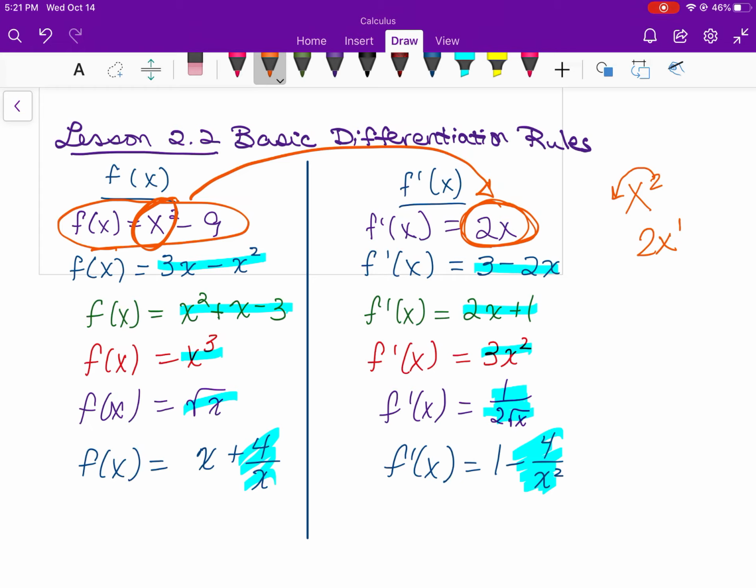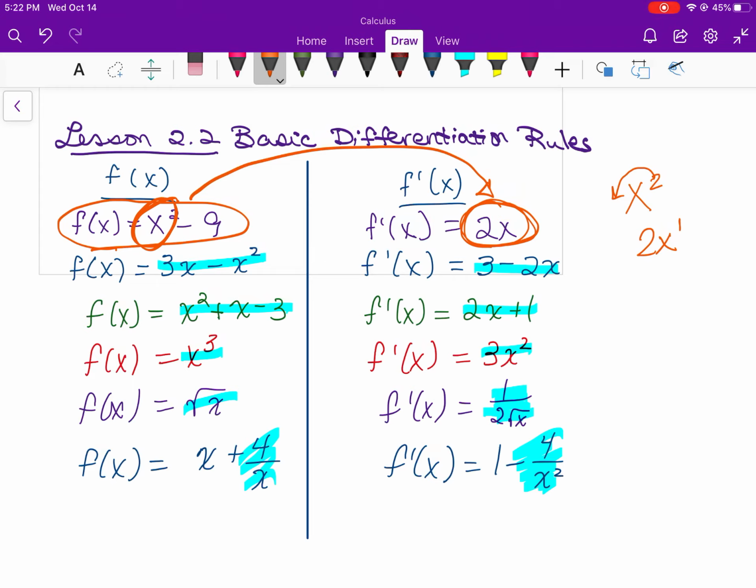So they picked up on that pretty quickly. The exponent comes down to the front, becomes a coefficient, and then the exponent drops by 1. If you remember in Unit 1 Plus, we started with quadratics, and then when we found the derivative, that went to a linear, x to the first, equation. So they knew already that we lose a degree when we find a derivative.